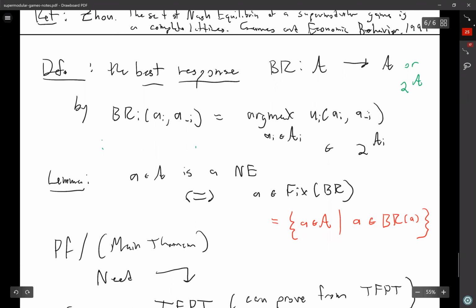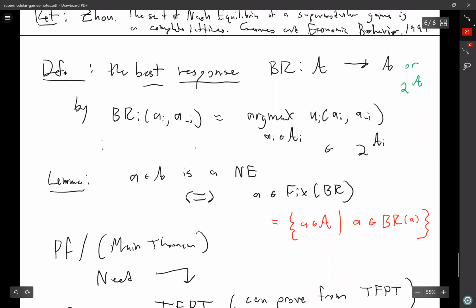But this is kind of a subtle point, and you can sort of assume that this BR function is actually from A to A if you assume that these utilities are what an economist would call single peaked, but what anyone else would probably just say has a single global maximum.